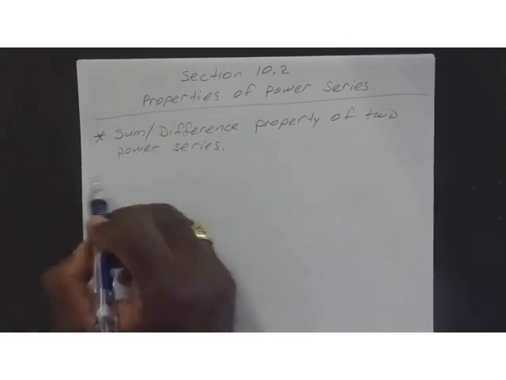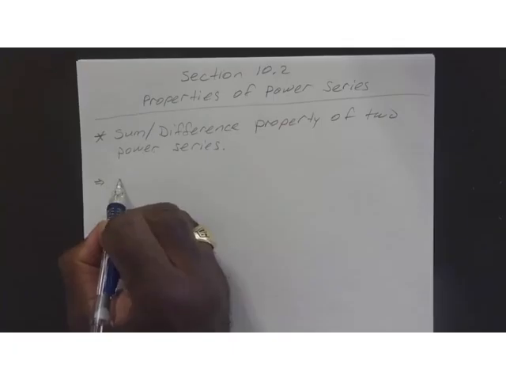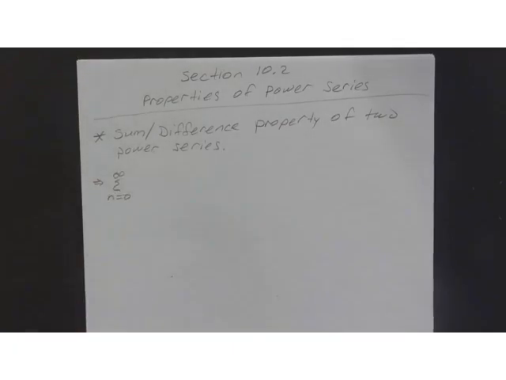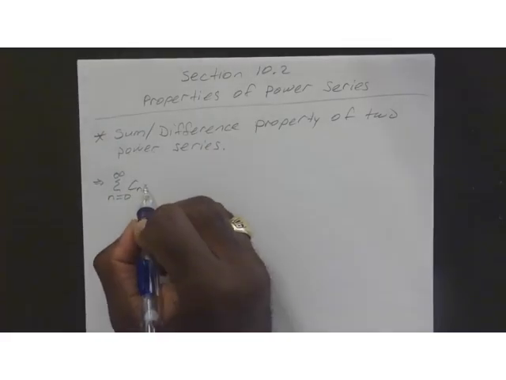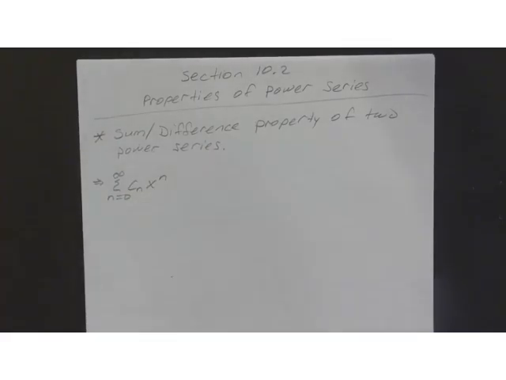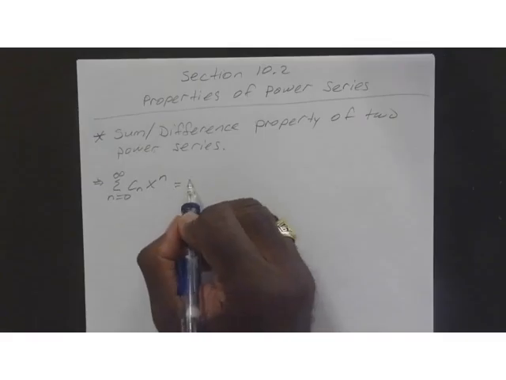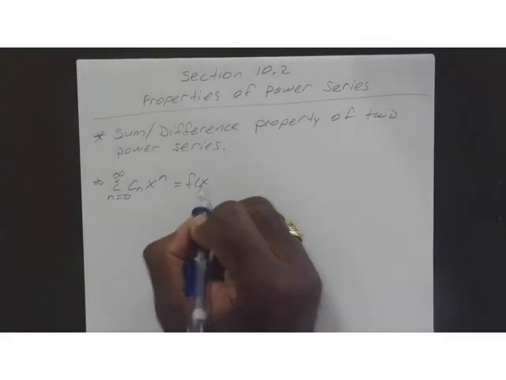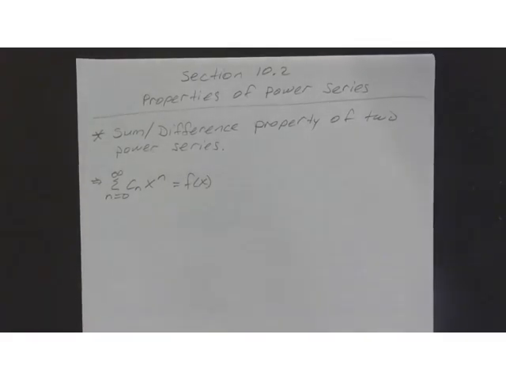Okay. So if we have a power series, we have the sum from n equals 0 to infinity of your coefficient c sub n times x to the power of n. And if that equals some function f of x, kind of like we did before.